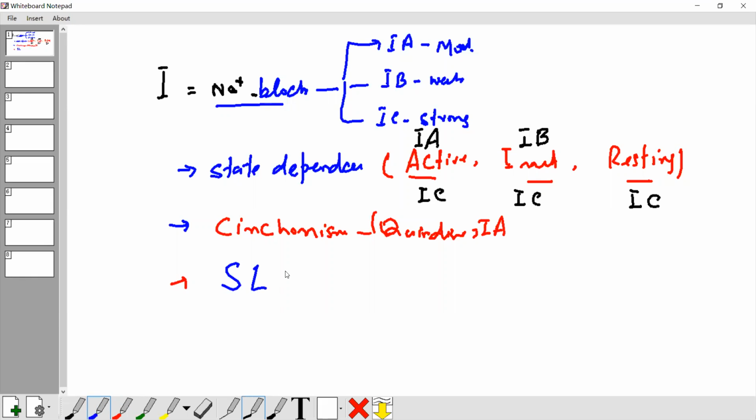Side effect SLE, and side effect heart failure, also belong to 1A. SLE, procainamide. Heart failure, disopyramide.